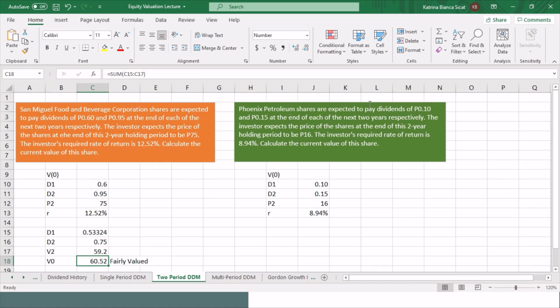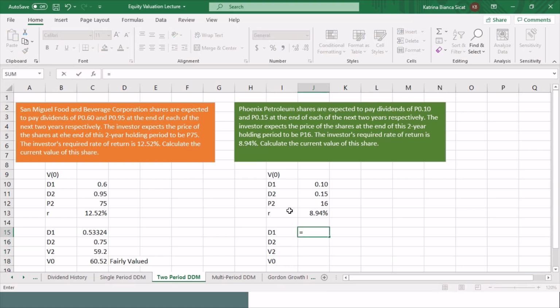Here sa Phoenix naman, it's expected to pay dividends of 0.1 and 0.15 at the end of the next 2 years respectively. The investors expect that the price of the shares at the end of this 2-year holding period would be 16 pesos. So the investors' required rate of return is 8.94. Calculate the current value of this share. Again, same principle, you have the D1, D2, V2, and then V0. D1 is equal to this, divided by 1.0894.